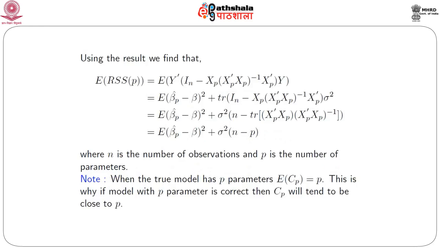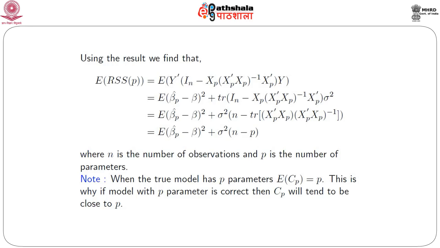The next criteria that we use to select variables for a model is the Akaike's information criteria, or the AIC. If there are p potential predictors, then there are 2 to the power p possible models. We can fit all these models and we can choose the best one using several criteria available to us.